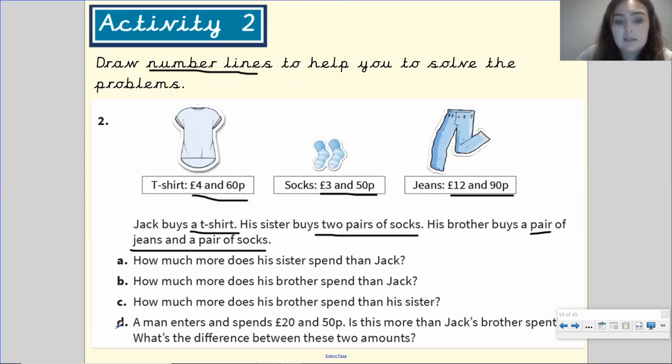Now you need to answer these questions below using a number line. How much more does his sister spend than Jack? How much more does his brother spend than Jack? How much more does his brother spend than his sister? And a man enters and spends £20.50. Is this more than Jack's brother spent? What's the difference between the two amounts? So pause the video here if you are going to answer activity number 2.